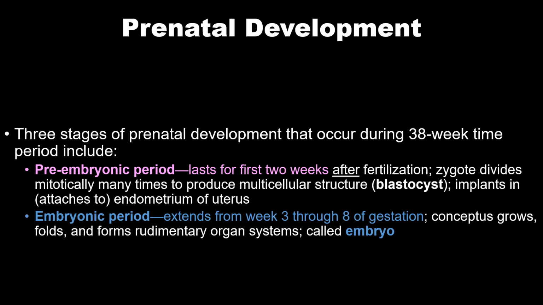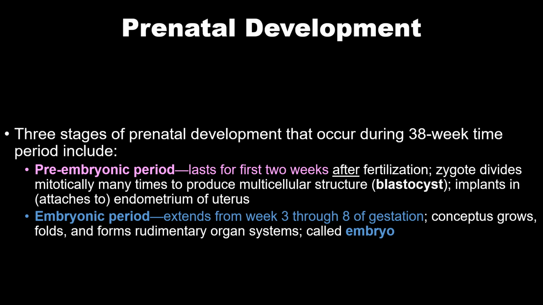During the pre-embryonic stage, the zygote mitotically divides many times to produce a multicellular structure. This multicellular structure is a blastocyst, and the blastocyst implants or attaches to the endometrium of the uterus.